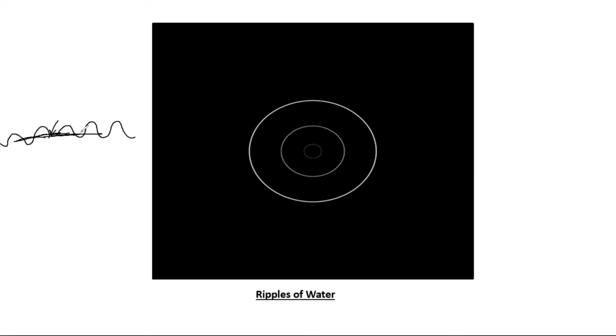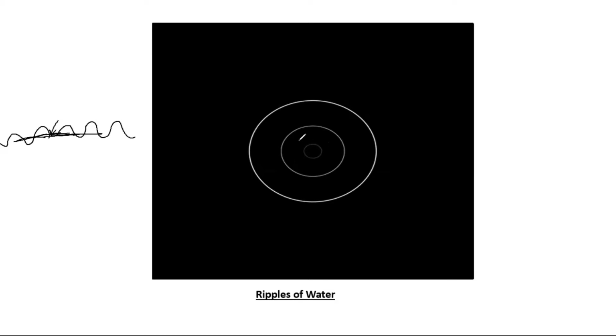These waves form circular patterns, and we are going to use this concept to understand how light propagates in all directions from the point of source.